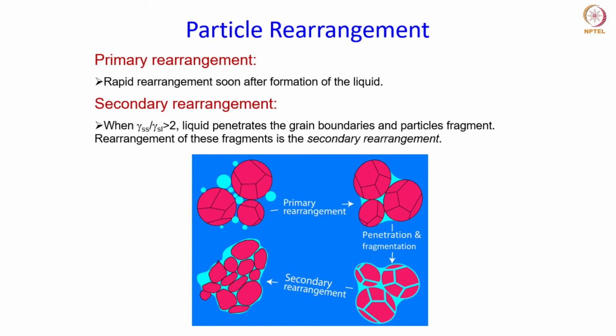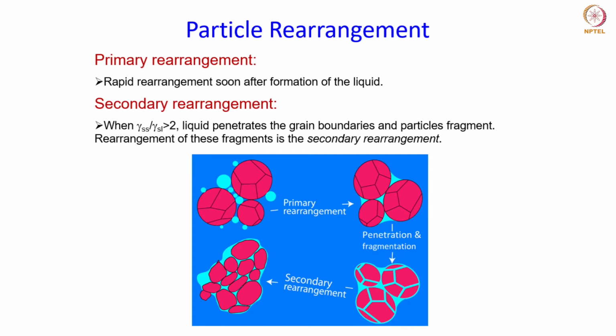So here, when the solid-solid surface energy becomes more than the solid-liquid surface energy, the liquid penetrates the grain boundaries as we have discussed before, and as the liquid penetrates, the particles fragment into smaller pieces, as you could see from this particular figure over here. And the secondary rearrangement is all about the rearrangement of these fragmented particles.